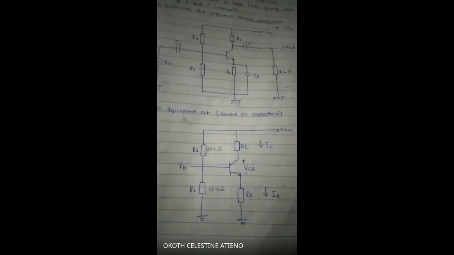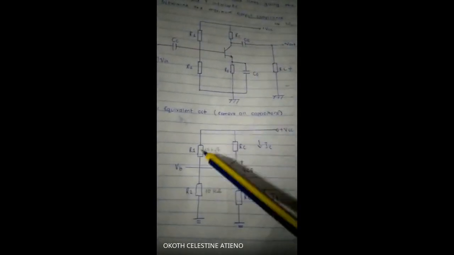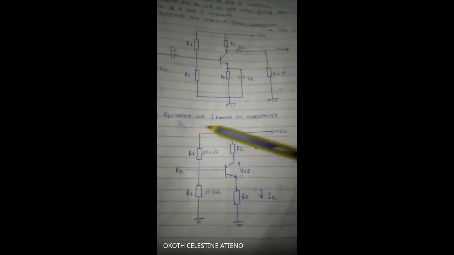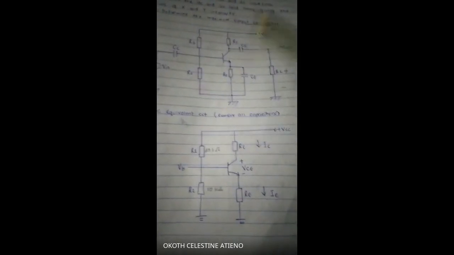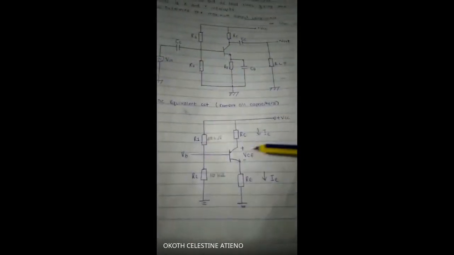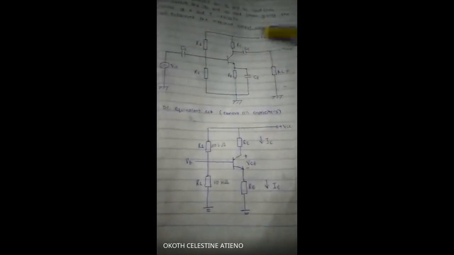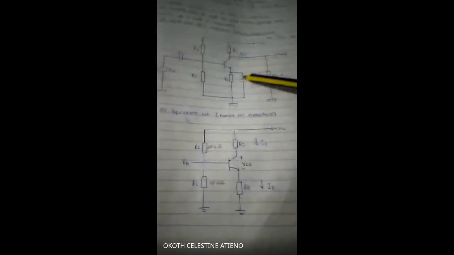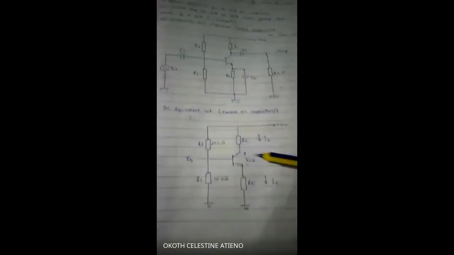So let's start with the DC. For the DC equivalent circuit, the capacitors behave like open circuits. This capacitor will be open circuit, so there's no current here, so this whole part is done away with. So this is our DC equivalent circuit.